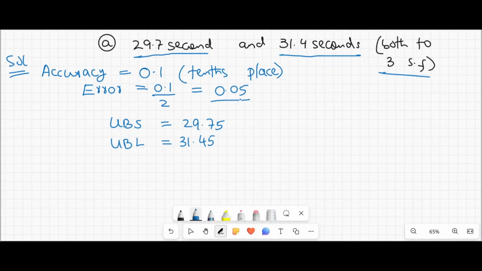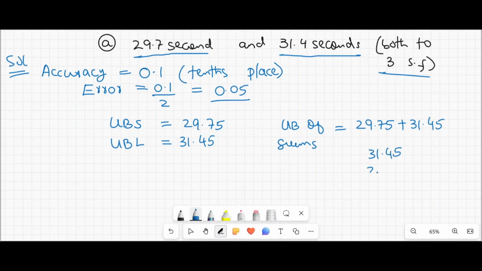Now I'm writing it in a rush. So the upper bound of the sum is the sum of both: 29.75 plus 31.45.